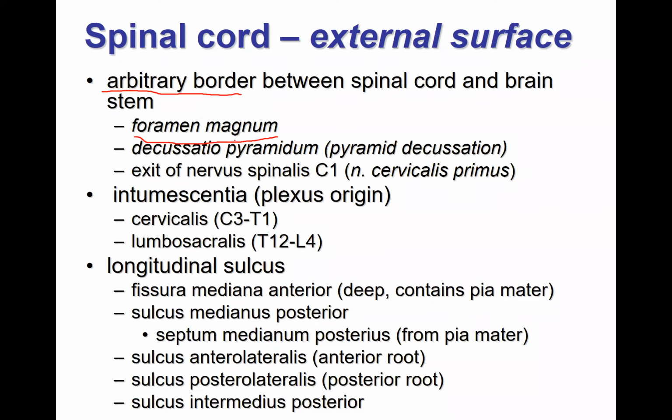Below the foramen magnum there's an exit of the first cervical spinal nerve, and on the anterior surface you can see a decussation of the main descending voluntary motor tract, which is called the pyramidal tract. So we can see the decussation of the pyramidal tract.